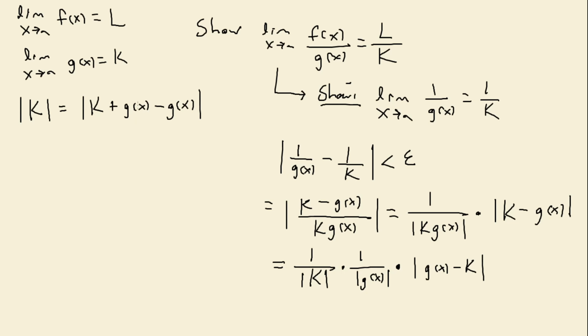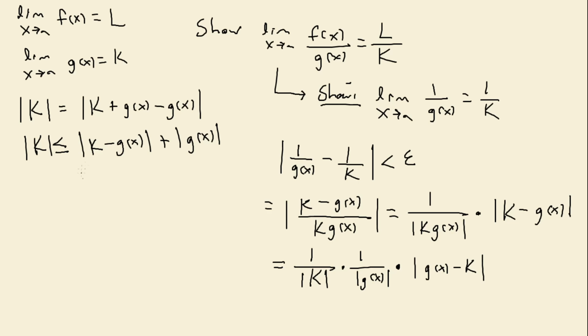And we know from our triangle inequality that this is going to be less than or equal to the absolute value of k minus g of x plus the absolute value of g of x. This will always be less than or equal to this, from the triangle inequality from before.